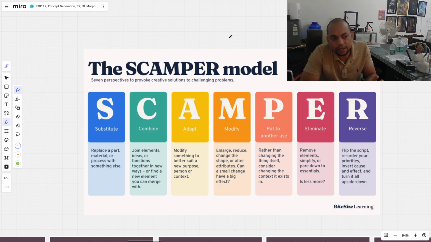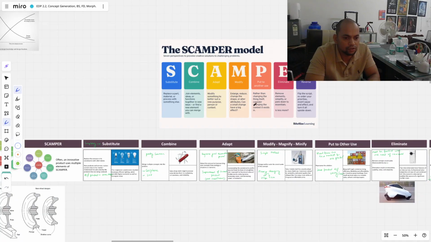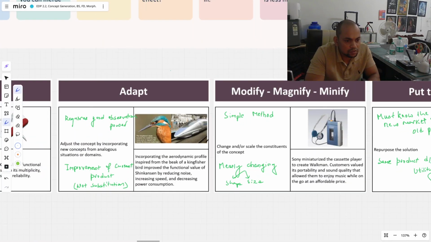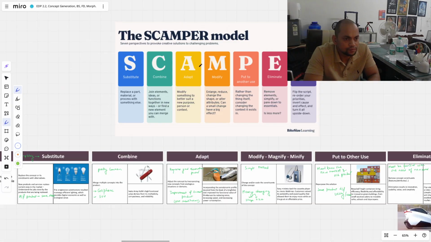But that requires you to get used to this and practice using this method on different ideas and some existing products. You use it on existing examples and think of how SCAMPER is utilized in improving that product. We are going to see this in some of these products. By using these case studies, we will be able to judge how SCAMPER is used and what aspects of SCAMPER are used in that.